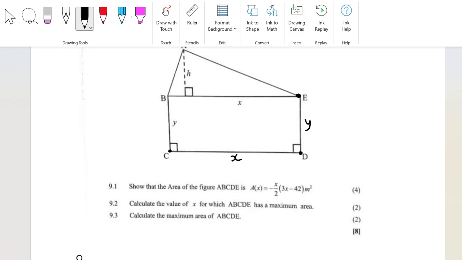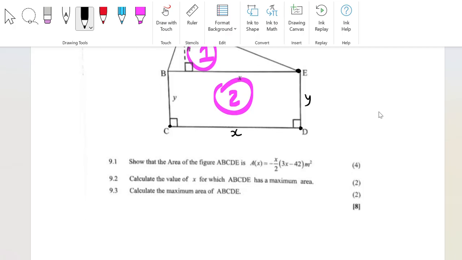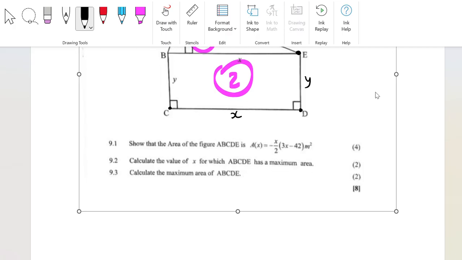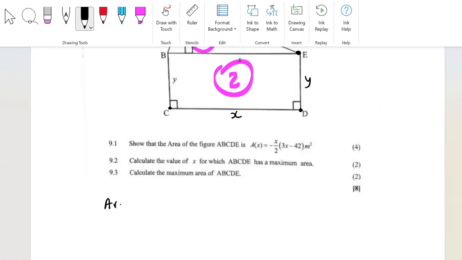Now let's call this rectangle section 1, and let's call the rectangle section 2. Now there's no formula for calculating all this at the same time. So what I will say is that the area of ABCDE is equal to the area of ABE plus the area of BCDE.